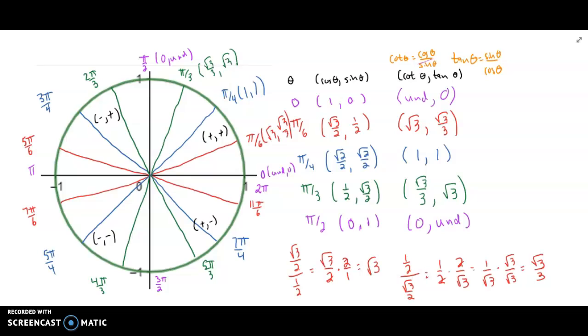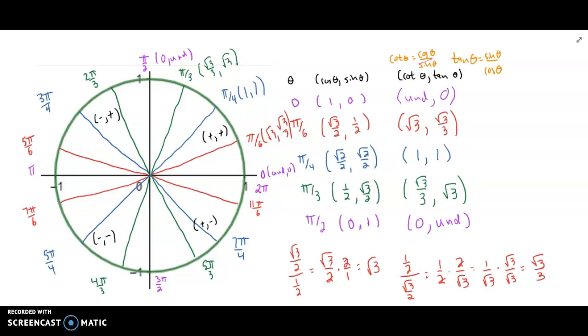Because if they have the same sign, then if I take a negative divided by a negative, or a positive divided by a positive, I end up getting a positive value. But if they're different signs, if I take a negative divided by a positive, or the flip of that, I'm going to get a negative value.